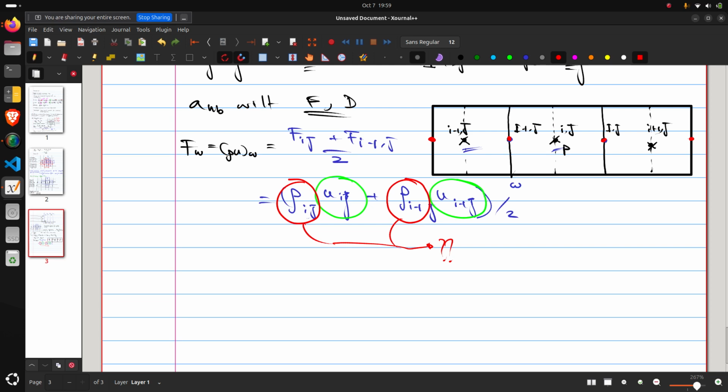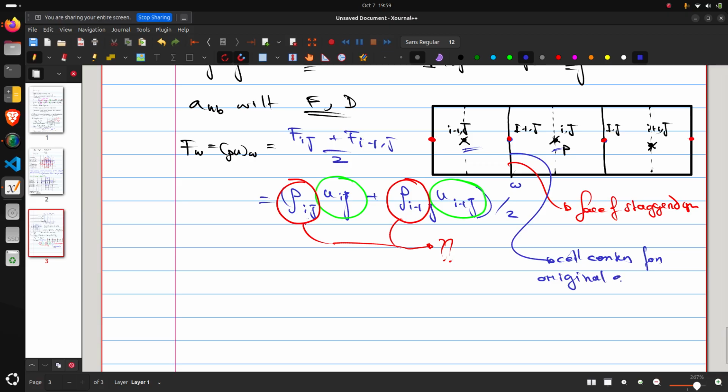This is the face of the staggered grid, but this is also the cell center for the u velocity. No, P is any point that we are concentrating on. P can be anything.